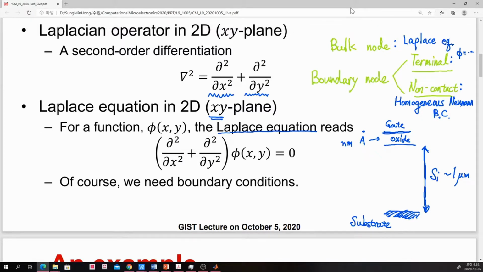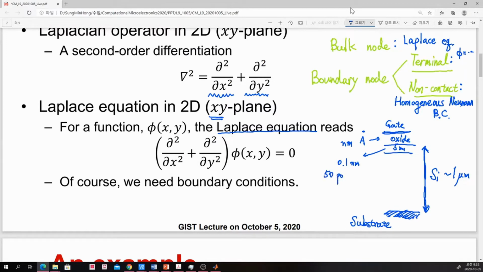When it was 5 nanometer, you introduced 0.1 nanometer spacing for your silicon body. Therefore, more or less you introduced just 50 points, and you were quite happy with this number.